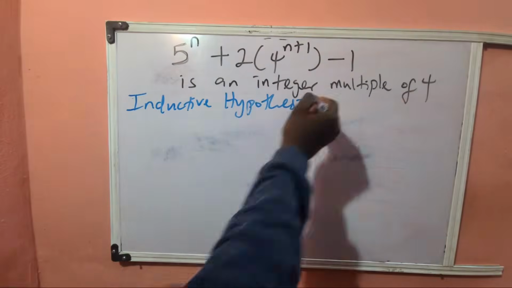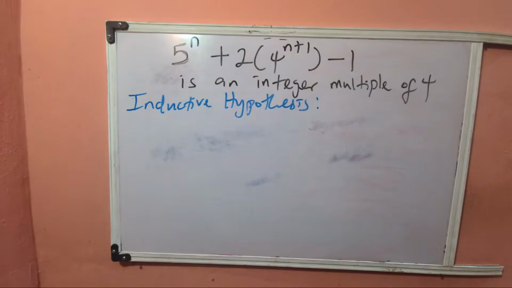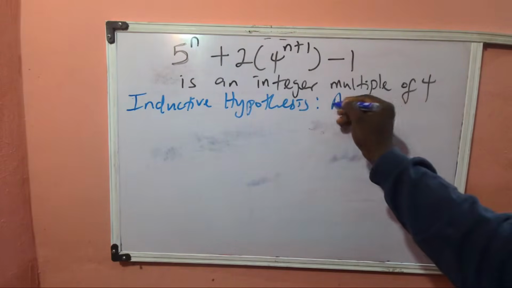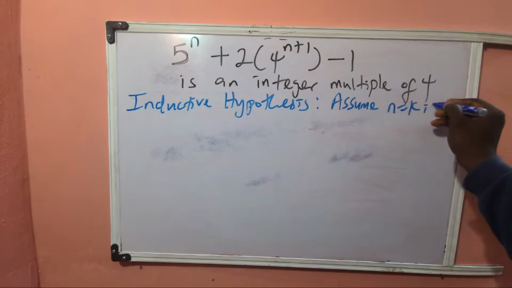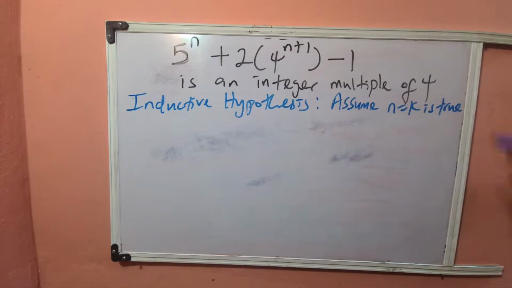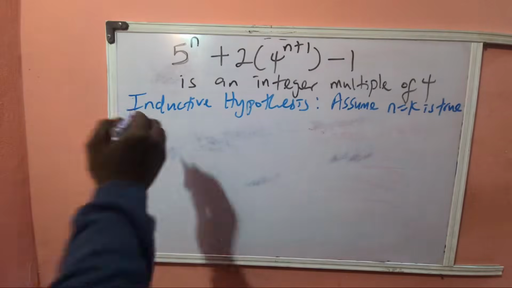So we will assume that n equals to k is true. So this is not something you need to sweat on. Once you have been able to prove that the base case is true, just go on to assume that n equals to k is true. All right, if n equals to k is true, this is the place where I need you to really pay attention for you to get the best there.